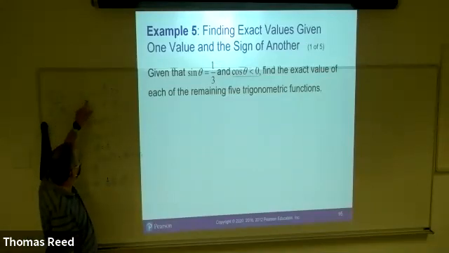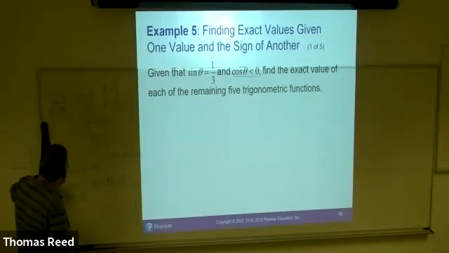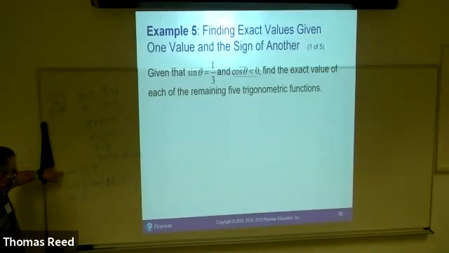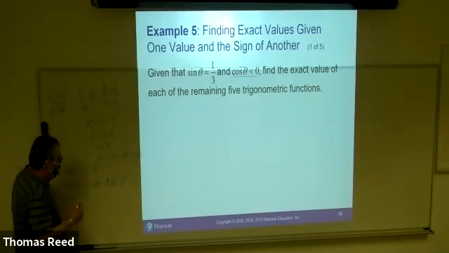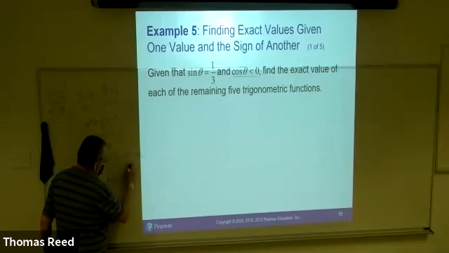Cosecant is a reciprocal of sine, so that's going to be 3 over 1 or 3. Secant is going to be the reciprocal of a negative 2 square root of 2 over 3. And that works out, that's the one I've done. The reciprocal of that winds up being 3 square root of 2 over 4, and it's negative.